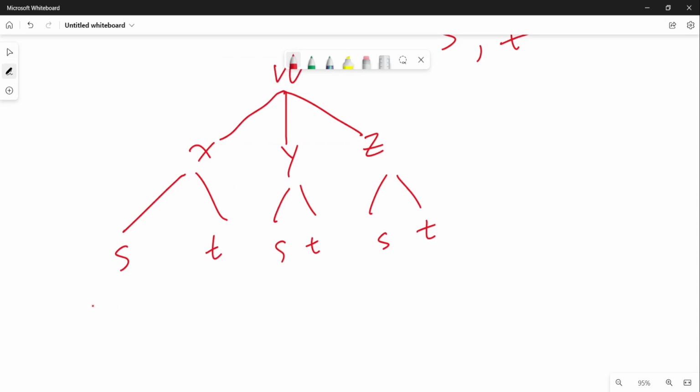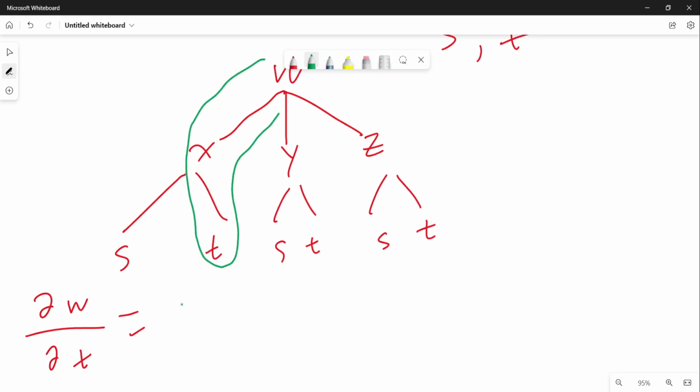So in this case, if we wanted del w over del t, well, we would say, what are all the paths between w and t? Well, here's one: del w, del x, del t.